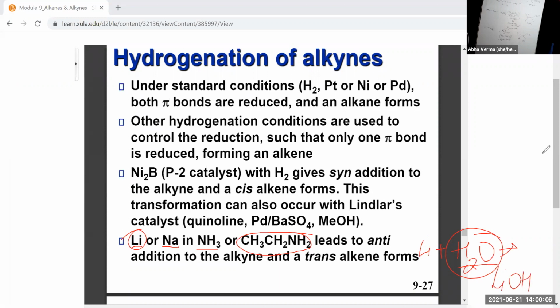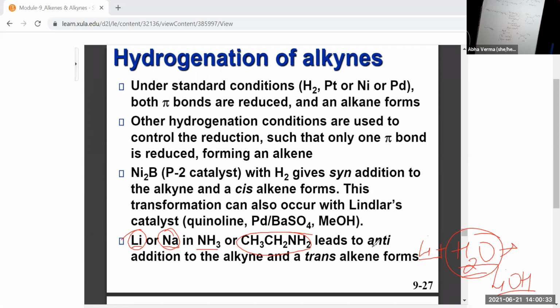Do you remember your instructor had shown you in a beaker all those beautiful demonstrations? It is going to catch fire if you use water, and lithium hydroxide will be produced. Same with sodium. It is a very vigorous reaction with sodium and water.